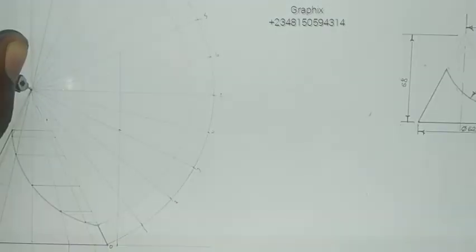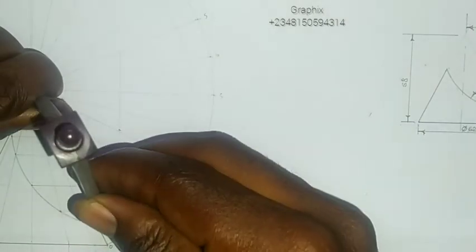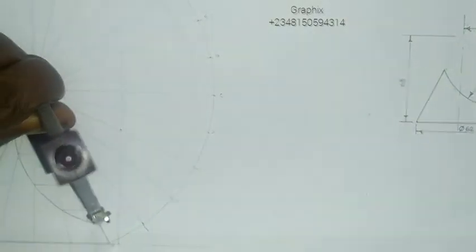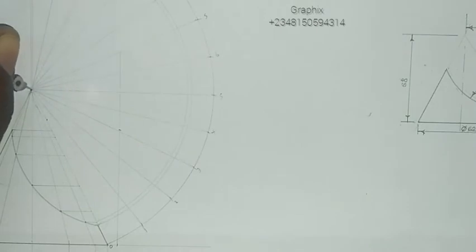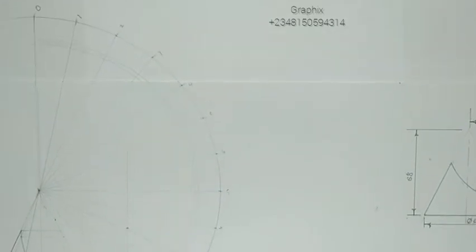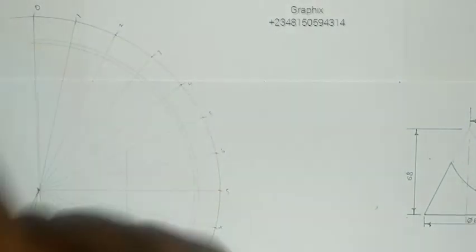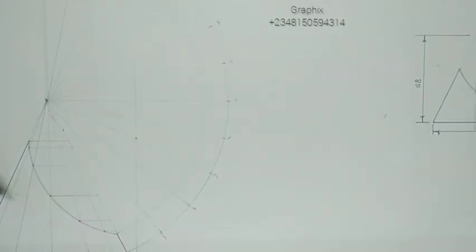To touch here. I'll go to the next point, which is this. I'll draw my arc to go to the final line. When I say my arc, I mean this. It will move and touch this part here. So I'm moving to the next one.